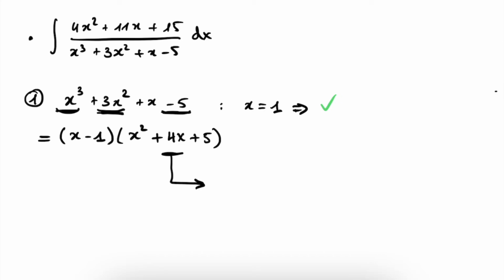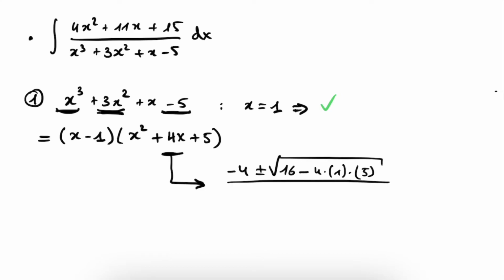This can be done by simply looking for the solutions: (−4 ± the square root of 4², which is 16, minus 4 times 1 times 5) divided by 2 times 1, which is 2. And we see here that the number inside of the square root is smaller than 0, which we cannot solve if we don't allow for complex numbers. So this second order polynomial here does not have any real solutions, so no more zero points. And we'll just have to stick with this form right here.